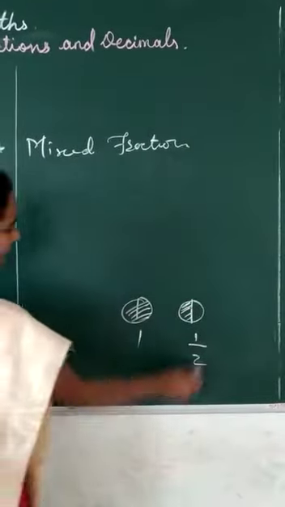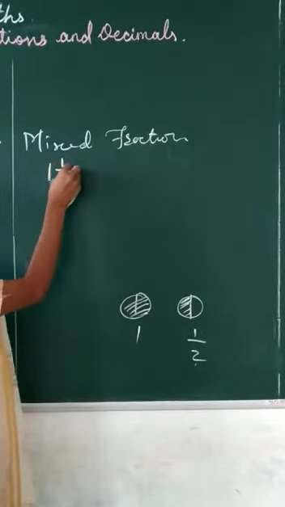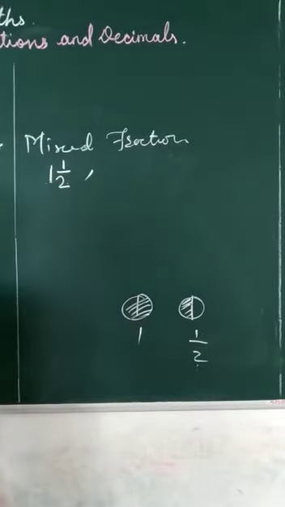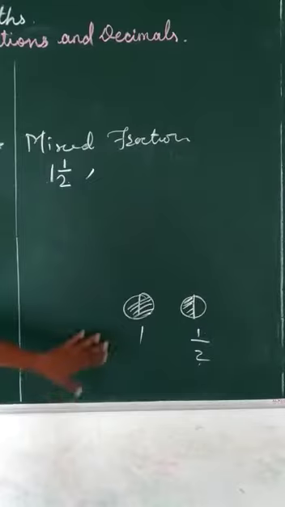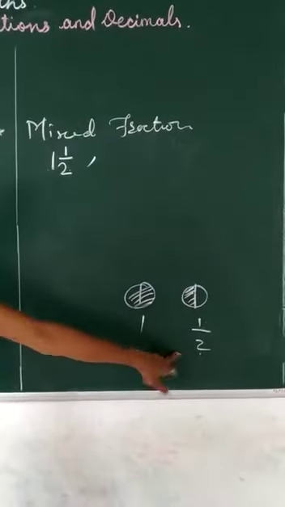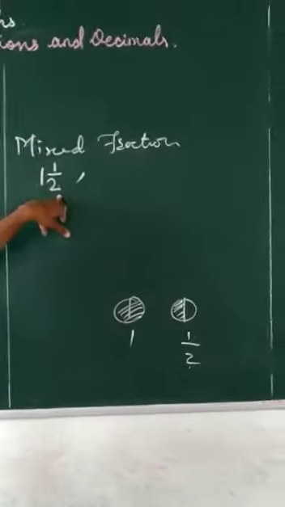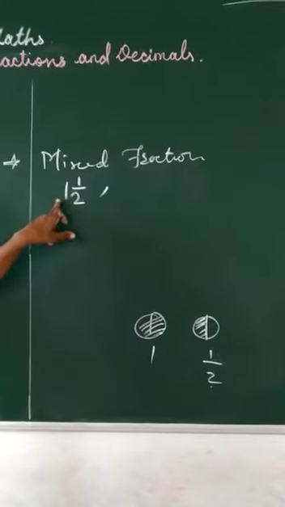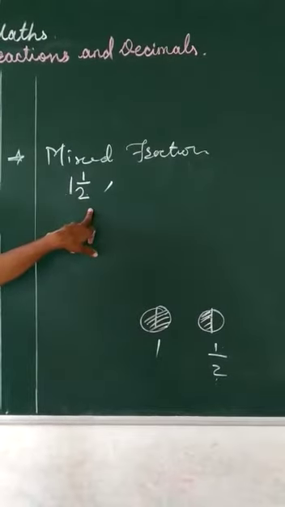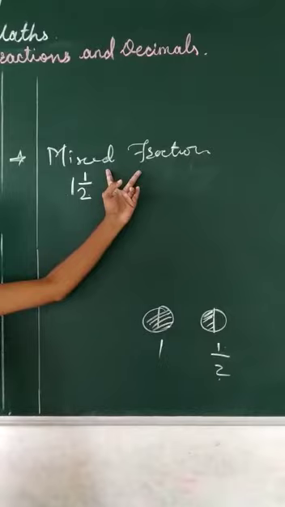So this 1 whole and this half can also be written as 1 and a half. Because you have eaten 1 whole and a half. So in the form of a whole and a fraction, if you are writing in that form, this is called a mixed fraction.